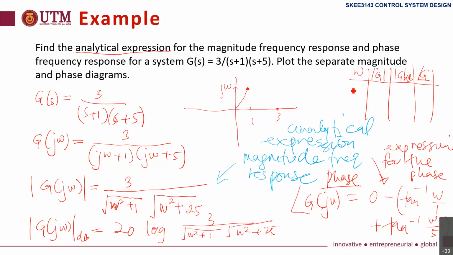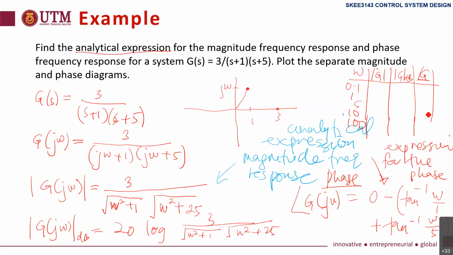You have to decide the range of omega. Normally in the exam, they will give the range of omega to be taken, maybe 0.1, 1, 5, 10, 100, and so on. Later we will go into detail on Bode plot, and at that time you will know how to estimate the range of omega to be considered.